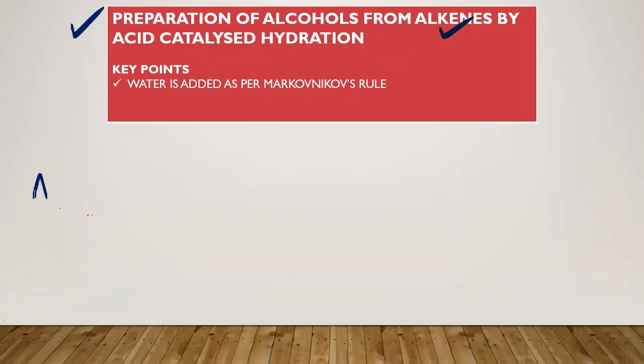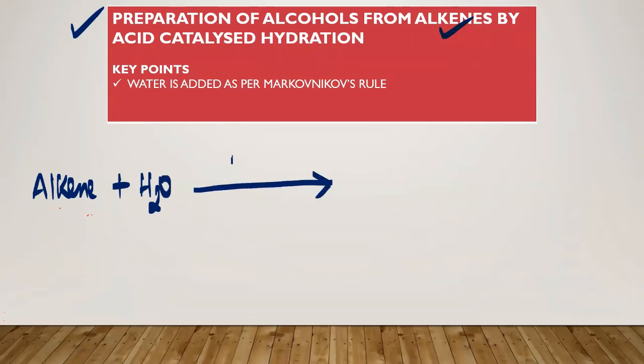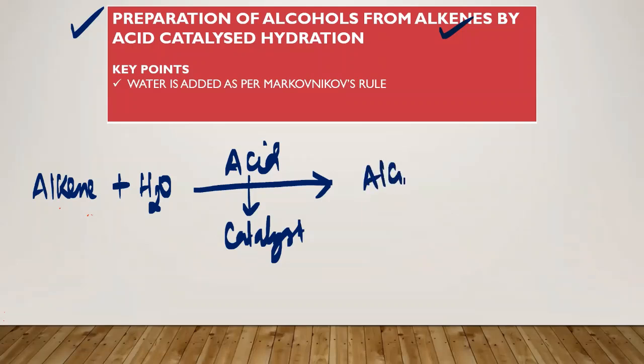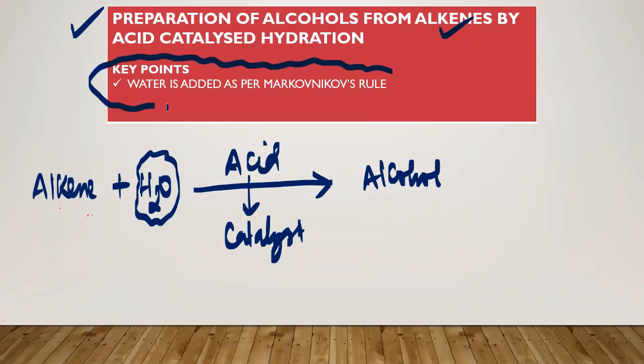Take an alkene, add water to it in presence of an acid, which is basically your catalyst, and you will get an alcohol. But remember, this water should be added as per Markovnikov's rule.